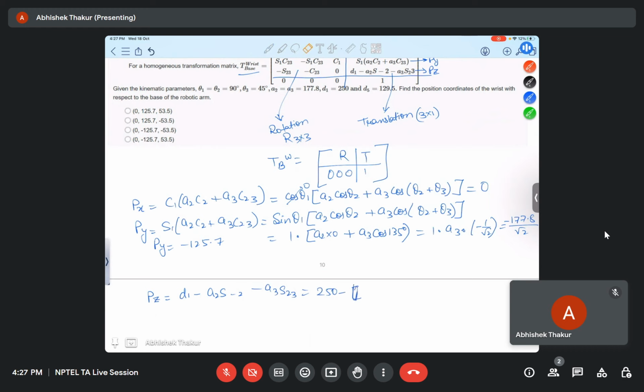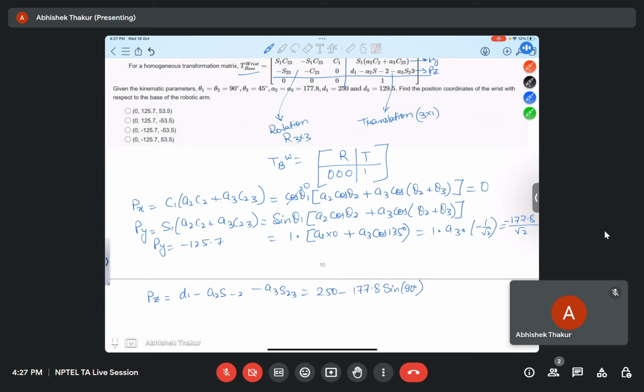A2, the value of A2 is 177.8 into S2, that is sine of 90 degree, and that too in the minus.